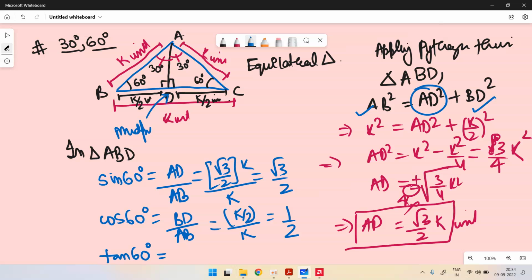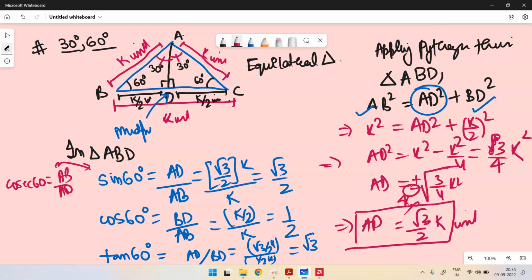Now what about tan 60 degree? Tan 60 degree is perpendicular by base. Perpendicular is AD by BD. Now you know AD is root 3 by 2 k, and BD is half k. If you divide this, you get root 3. So tan 60 is root 3. Now if you take the inverses of these, cosecant 60 is the inverse of sine, that is AB by AD, equal to 2 by root 3.